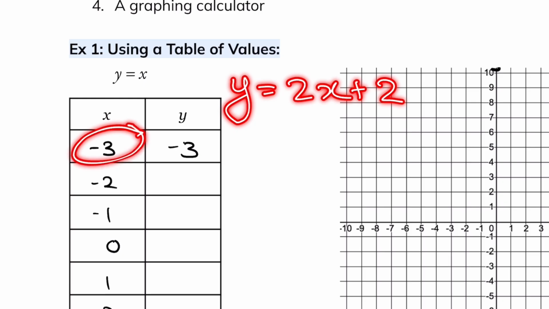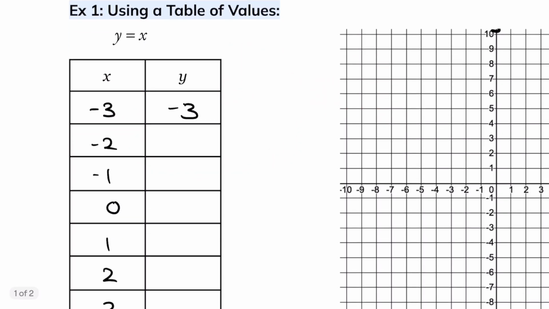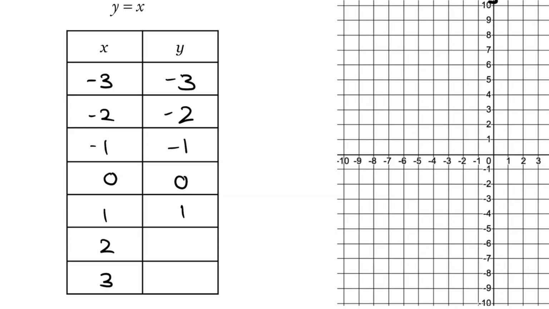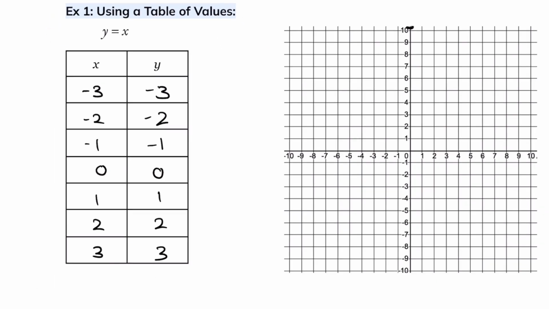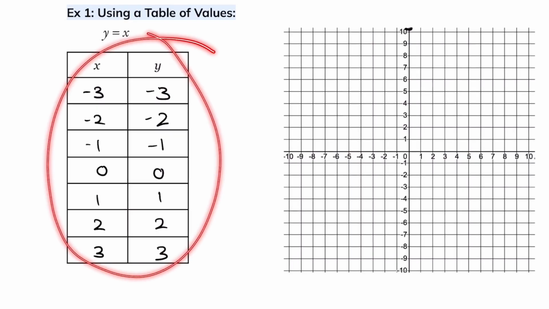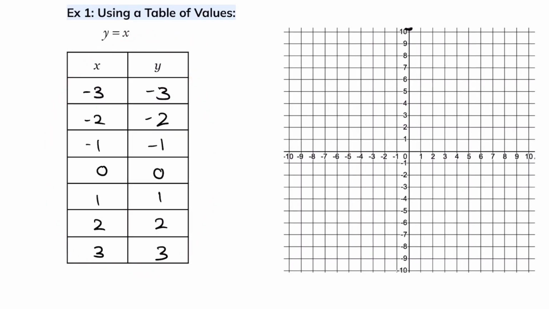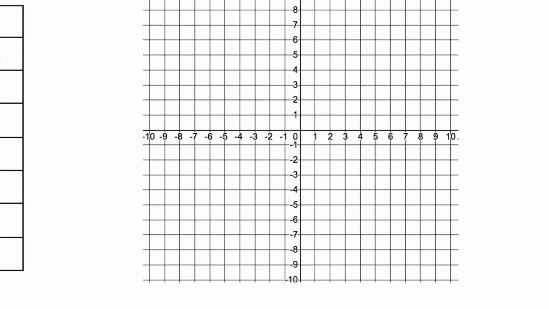So you would just take this x value, put it in here, and compute for your y. This one is very straightforward because whatever x is, y is just that. So this is your table of values. Just to reinforce, we just substituted this x in here, and that is what y is equal to.